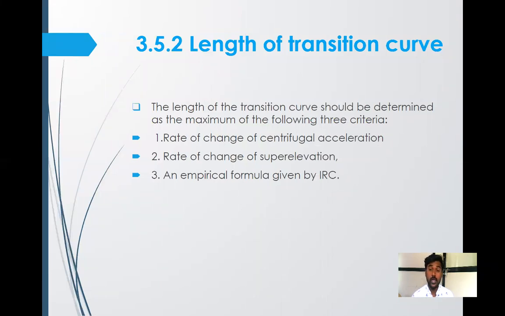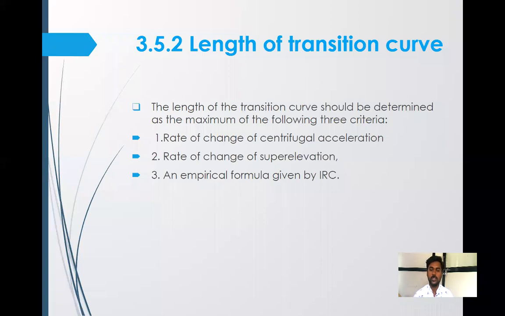We have written the formulae in the last lecture. On these three formulae, we decide how much the transition curve length should be provided. We calculate the transition curve length depending on these formulas, and out of these three, whichever gives the maximum value of the length of the transition curve will be considered as the length.